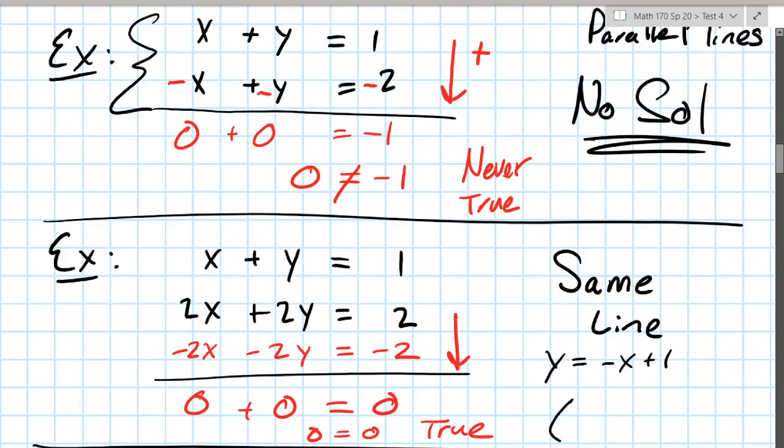So any x that I pick that has a y of -x plus 1 is going to work for both of these lines right here. So if I pick 1, 0, that'll work for both lines. If I pick 2, -1, that will work for both lines because they are the same line.